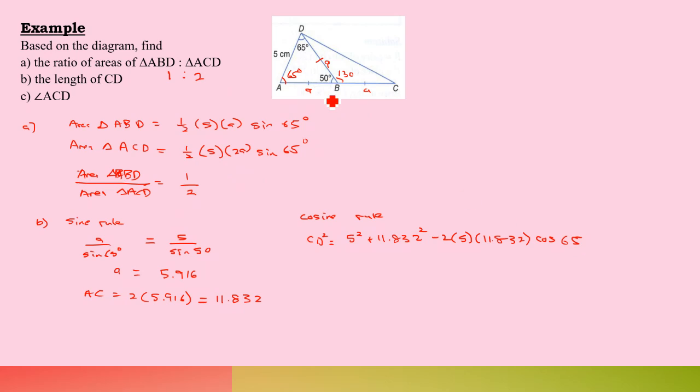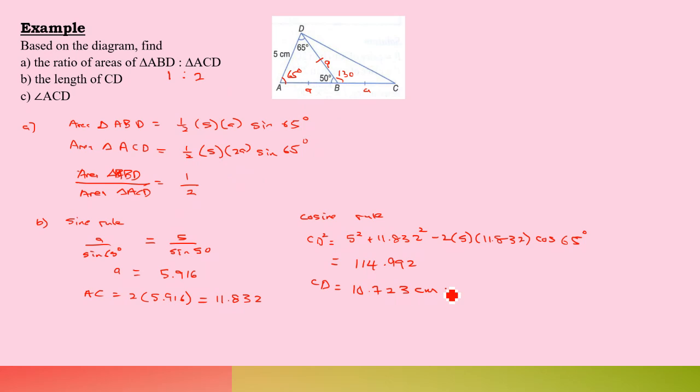We are taking AD and AC and this angle, 65 degrees. Use your calculator. This will give you 114.992. I put it to 3 decimal places. So the length of CD will be 10.723 cm.